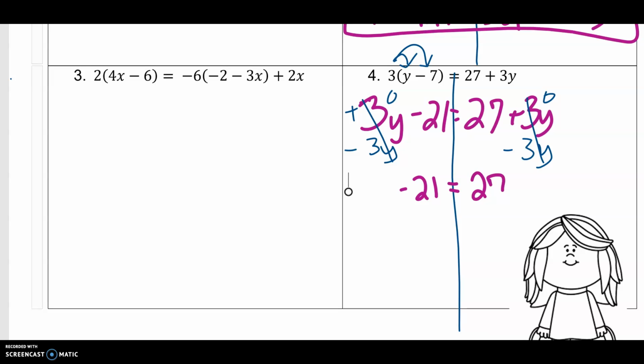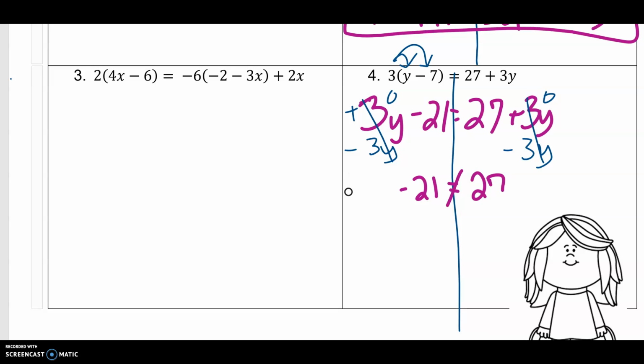Now the same thing has happened as far as all of our variables have gone in the process of working through all of our correct steps. We have no more variables left in our equation. But this is a little bit different situation because negative 21 is not equal to 27. That is not true.